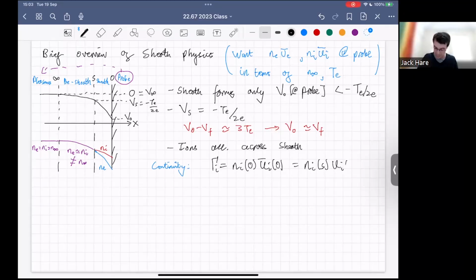So Ni at s and Ui at s, like this. This turns out to be very, very powerful, because it means we don't need to know the density and the velocity at the probe itself. We just need to know what they are at the sheath.